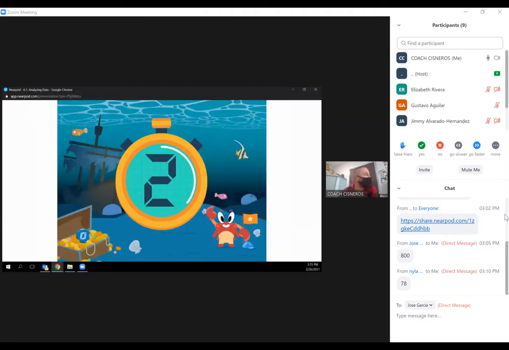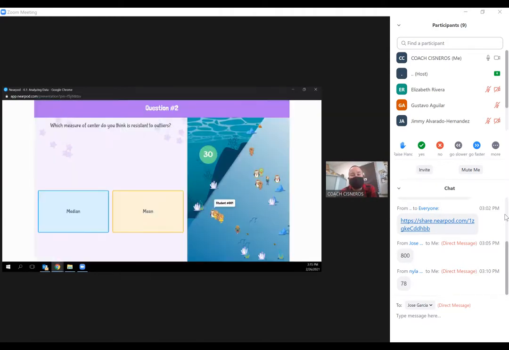All right, next question. It was the mean that was affected more. Which measure of center do you think is resistant to outliers? Even if you're not sure what that word outliers is. That 0 was an outlier. Which one do you think is resistant to outliers? The median or the mean?